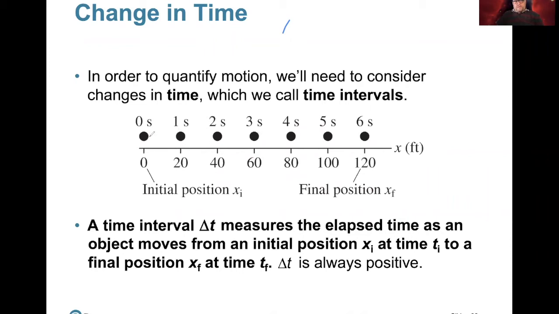And we see here that between each of these dots for our motion plot, there's an equal distance in time. So 1 second elapses between each of these, and also the distance is the same. So we could say that this is an example of constant motion.